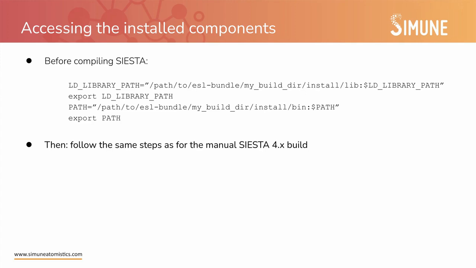These are mainly LD library paths for the libraries and updating the path for the executables. Of course, after you compile SIESTA, you will also have to add these lines to your siestavars.sh file. And then compiling SIESTA is the same as what we explained for SIESTA 4. So you create an arch.make, you finish the configuration, and then you make the executable and copy it to a directory of your choice.